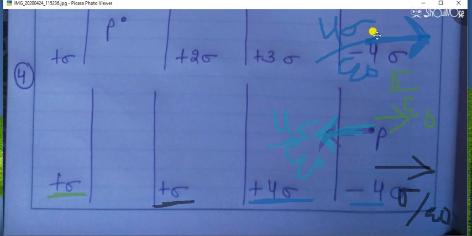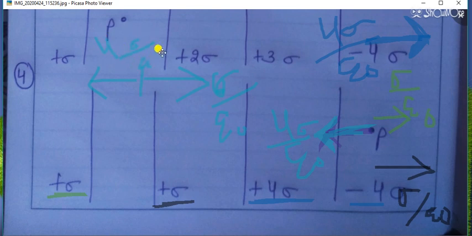So here we have three vectors towards the right: 4 sigma by epsilon naught, sigma by epsilon naught, and this sigma by epsilon naught. That means we get one vector towards the right and one vector towards the left as resultants. So its magnitude is 4 plus 1 plus 1, 6 sigma by epsilon naught, and this vector has magnitude 4 sigma by epsilon naught.